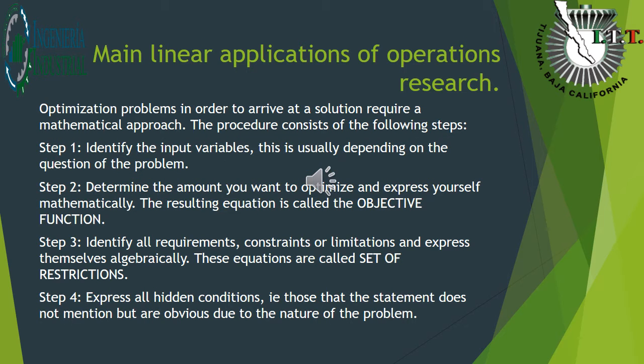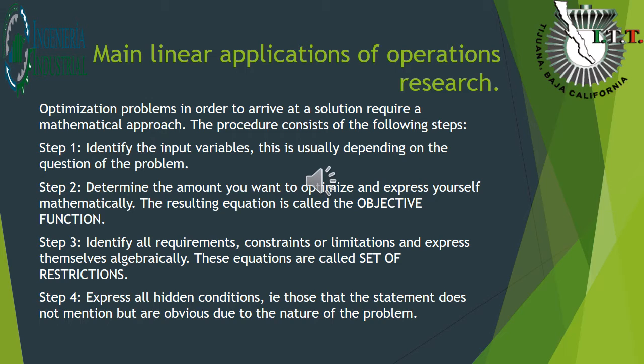Main line of application of operation research. Optimizing the problem in order to arrive at a solution requires a mathematical approach. The procedure consists of the following steps. Step 1. Identify the input variables. This is usually dependent on the question of the problem. Step 2. Determine the amount you want to optimize and express it mathematically.